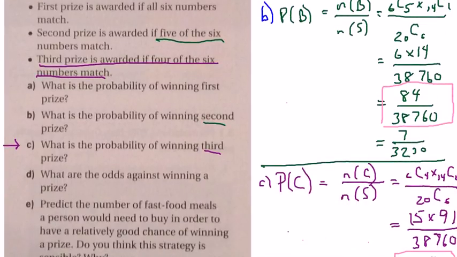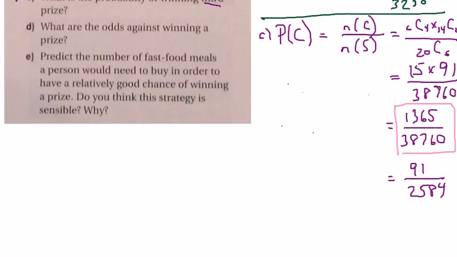Part D, what are the odds against winning a prize? Well, in order to know the odds against anything, we have to know how many ways it can happen and how many ways it cannot happen, right? So we're going to look at part D now and say that the number of ways that event, I guess we'll call event D, A plus B plus C, and then we need to look at the ways it cannot happen compared to the number of ways that it can happen.